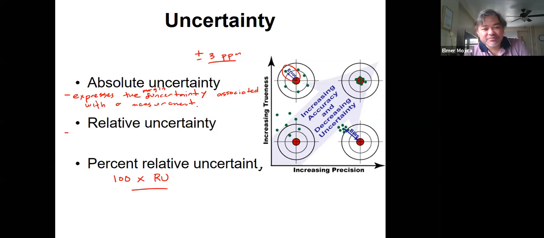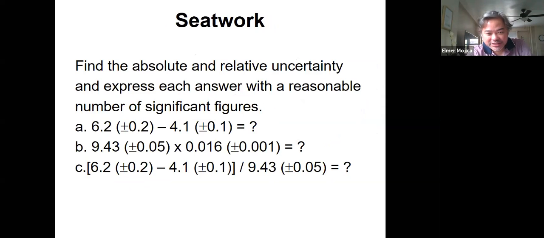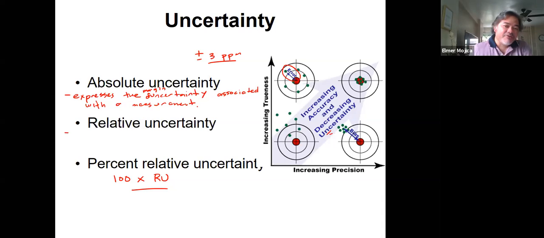But as both of them increase, okay, there's an increase in accuracy and a decrease in uncertainty. Now the question is, how do we do this uncertainty calculation? Because now I just give you the sheet work, but how are we going to do this uncertainty calculation?